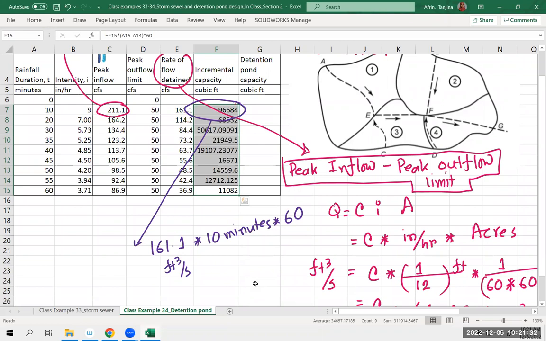Okay. Now these are the incremental capacity, like each 10 minutes, that amount of water is added to the pond. So by the end of 60 minutes, what will be the total volume? How can I find that?